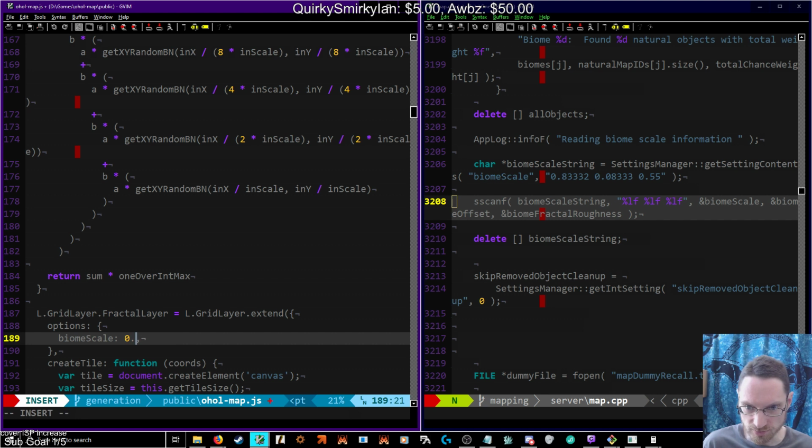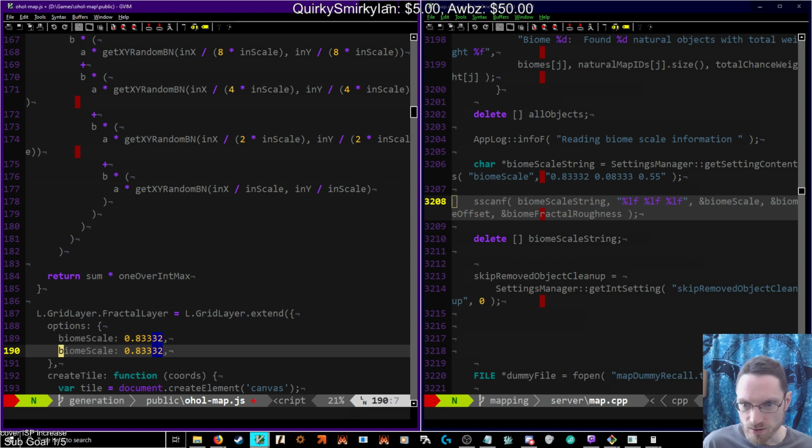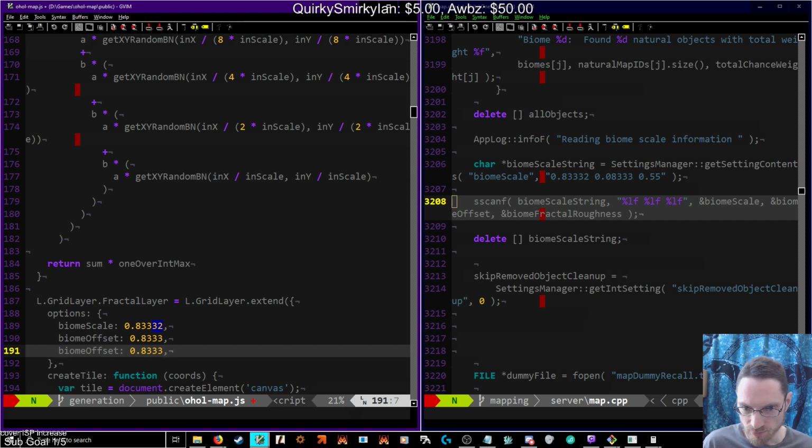Oop, that's backwards. 83332. Biome offset is not 2. Or I typoed that in my default string. We'll have to compare against base code.